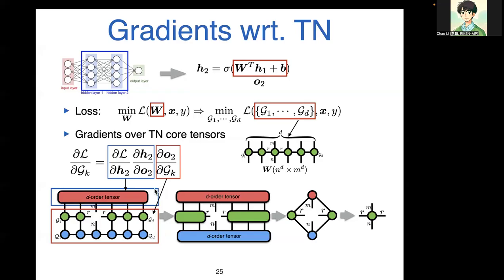The diagrams below illustrate how gradient computation can also be expressed as tensor network contractions, just like the forward pass. This way, the backward pass inherits the same efficiency benefits as the forward pass. So we can see, by working directly in the tensor network space, we reduce both storage and computation for both training and inference.